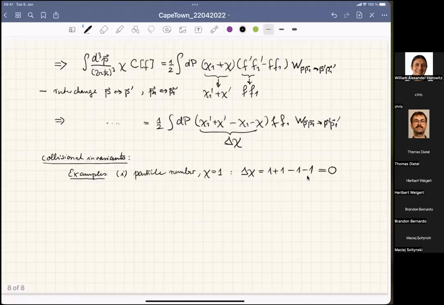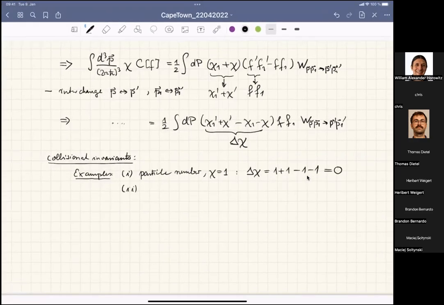Another example is energy. For energy, we have to take chi equal to the single particle energy, epsilon p. And then delta chi is, read it off in the definition up here, epsilon p1 prime plus epsilon p prime minus epsilon p1 minus epsilon p. But if these are elastic collisions, single particle energy is conserved.